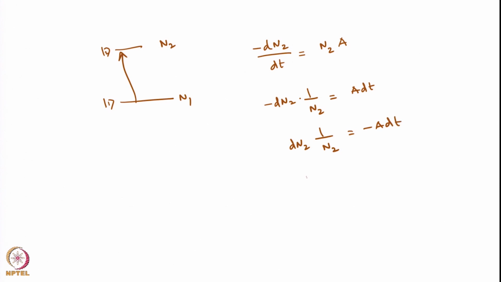So, this will be nothing but ln N2 will be equal to minus At, plus some constant of integration, and when you rearrange, what you will get is N2 of t will be equal to N2 of 0, that is initial, exponential minus At. Okay. So, the decay constant will be given by A.